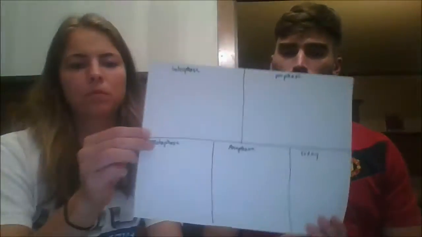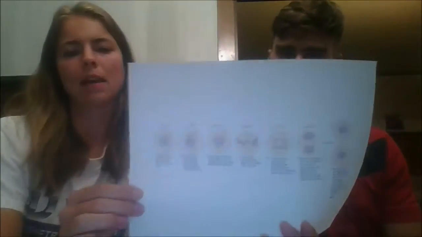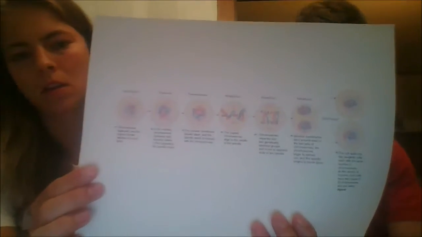And as we do that, we're going to sketch each step. So we can start, and then I have this paper for you. This is his worksheet, so we're just going to be drawing them on here. And here's our handout that has the descriptions of each step.